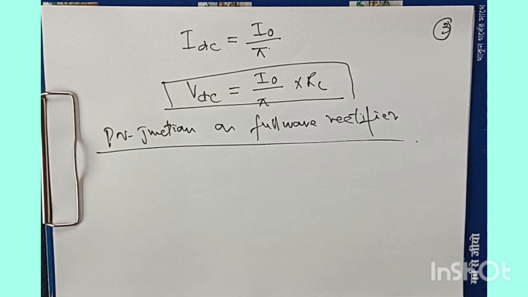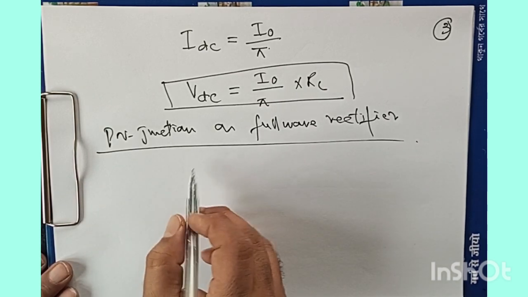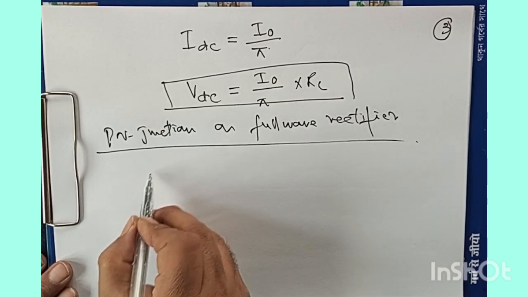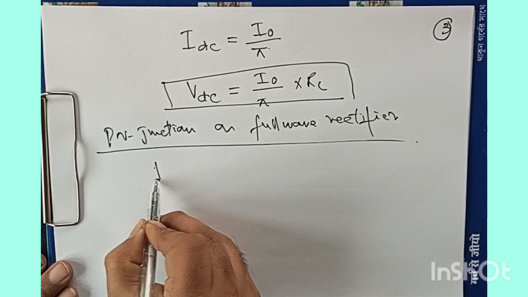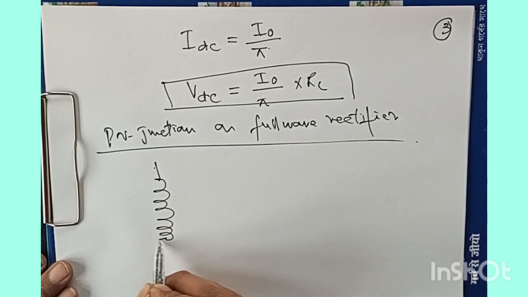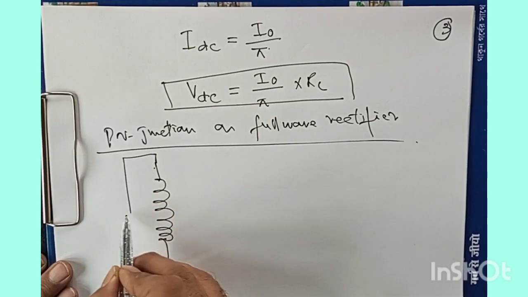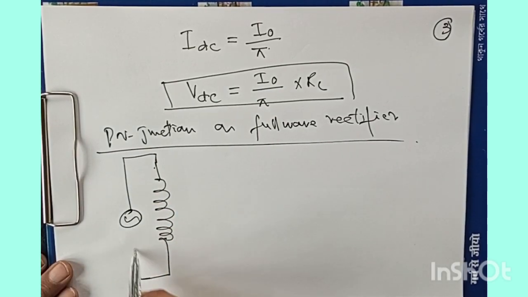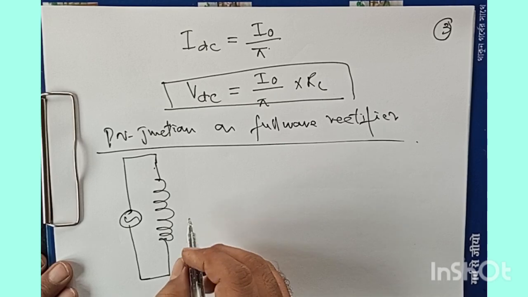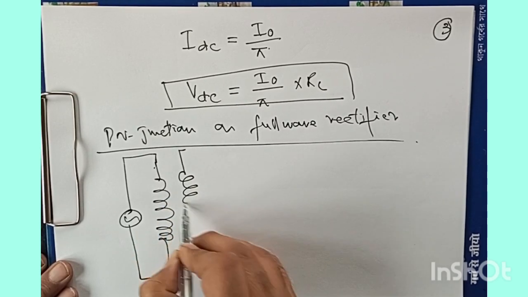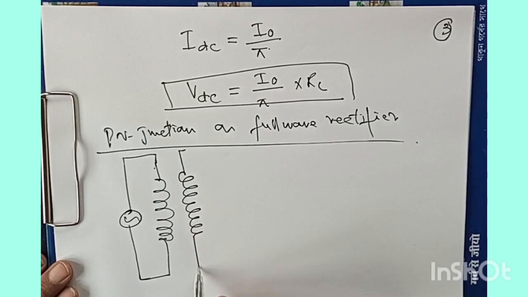So in order to understand this condition, if we go with the diagram for the full wave rectifier, in a similar fashion we have a transformer, and here we have the signal. This is the primary coil of the transformer. Then we have the secondary coil of the transformer.